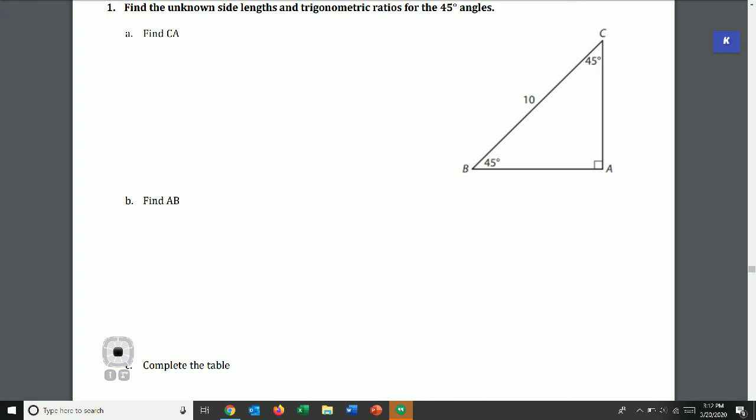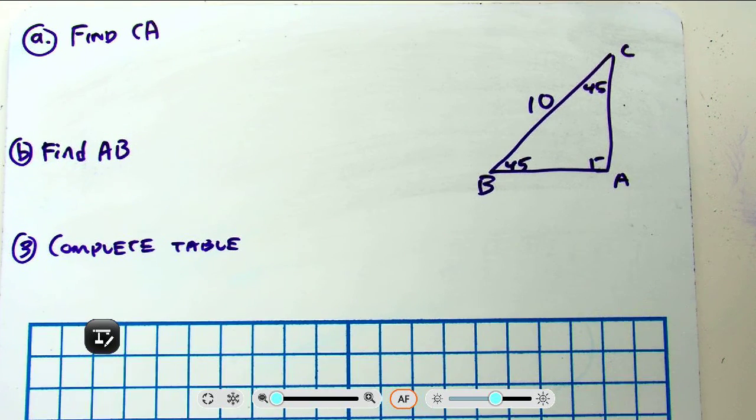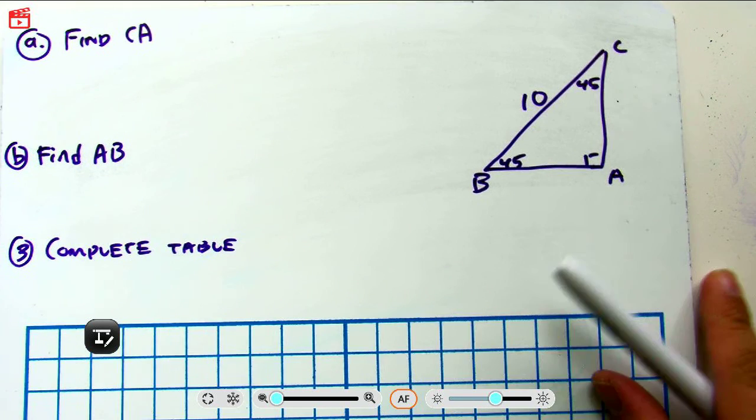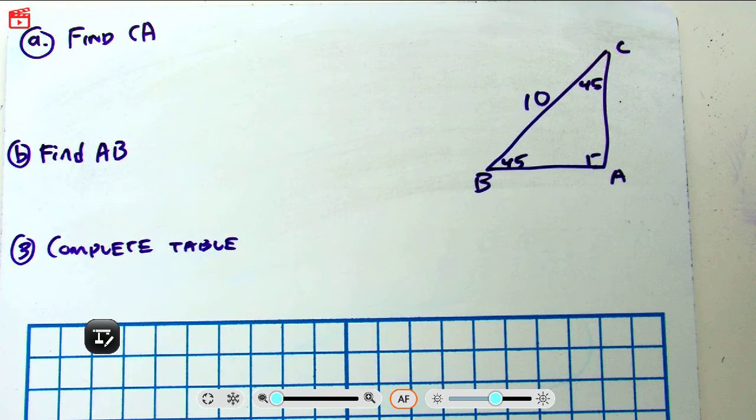So let me switch back to the projector. Okay. So going back to the 45, 45, 90 rule, if the hypotenuse is 10, remember in the formula the hypotenuse is x square root 2.